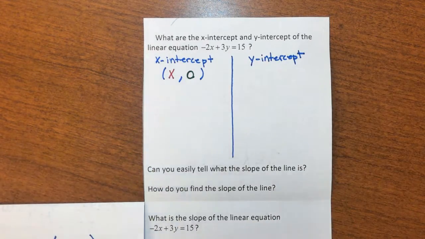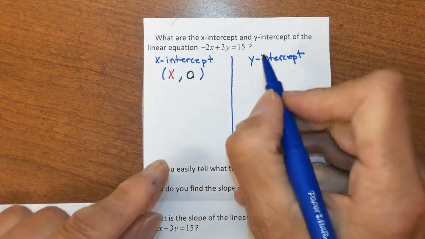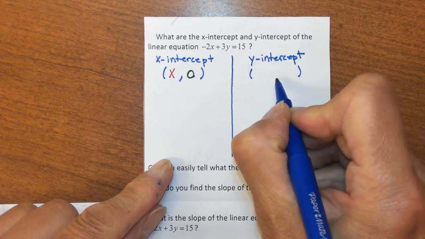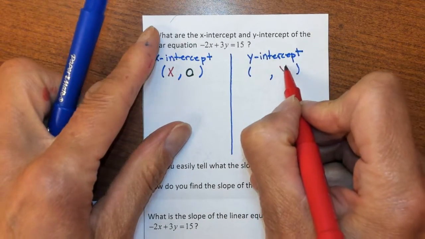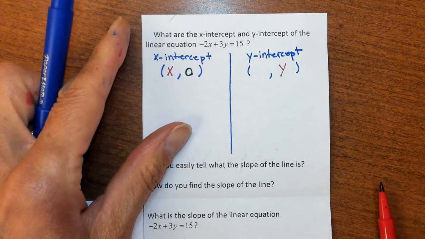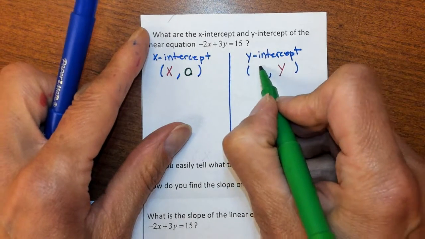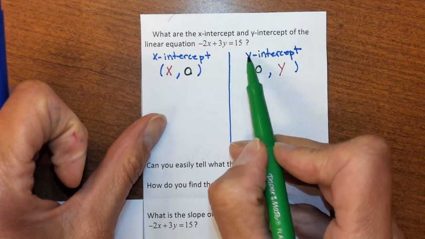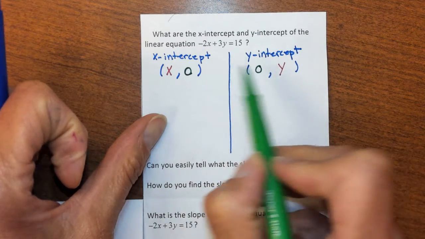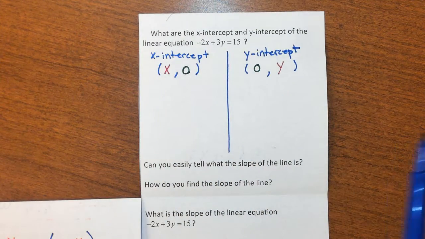When I'm looking for my y-intercept, my y is what I'm looking for, and my x is 0. So notice, x-intercept x, y-intercept y. That will help you to remember what is what.